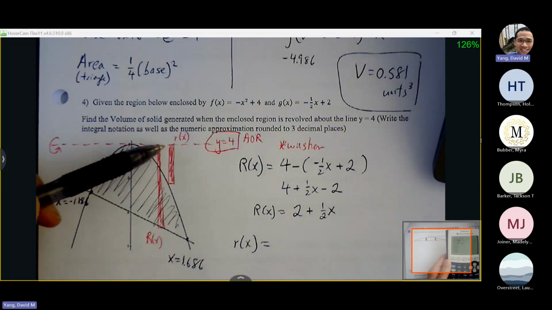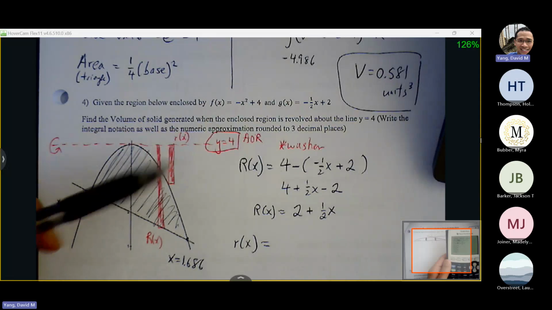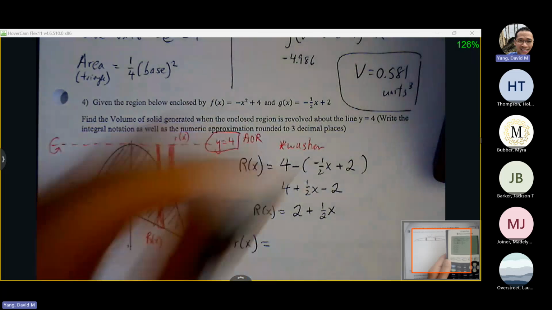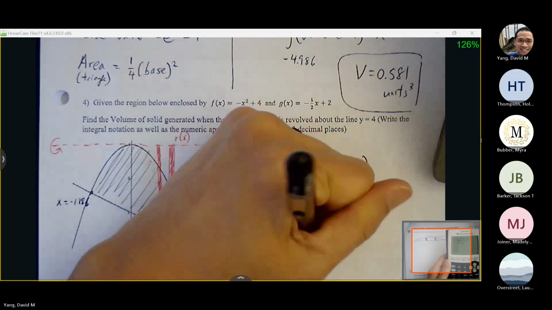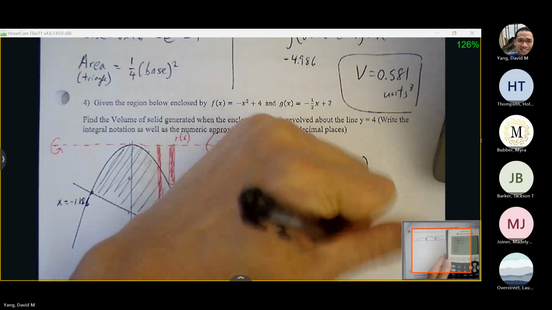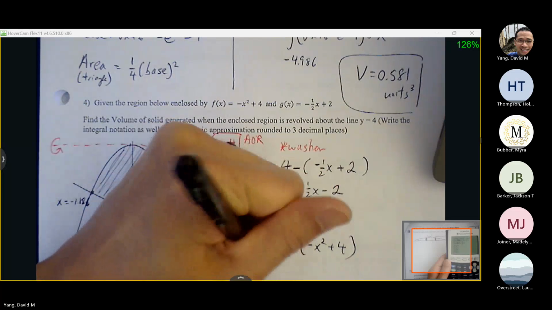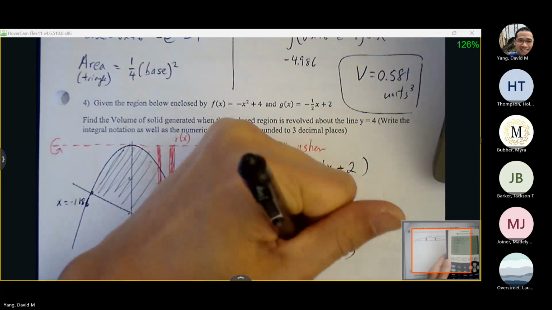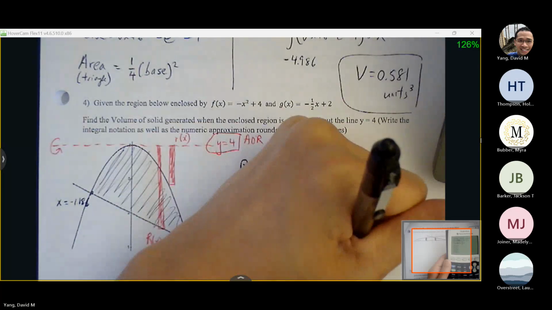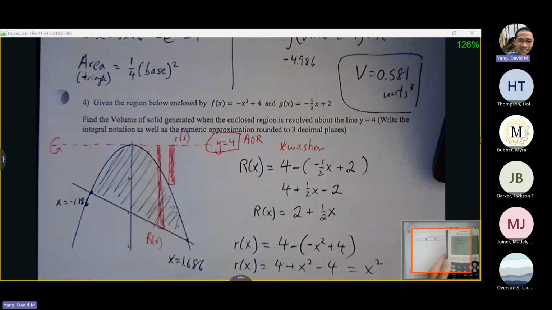Top minus bottom. Top of my small radius is sitting on the 4. The bottom is sitting on the parabola, the negative x squared plus 4. Looks like the 4's cancel out.